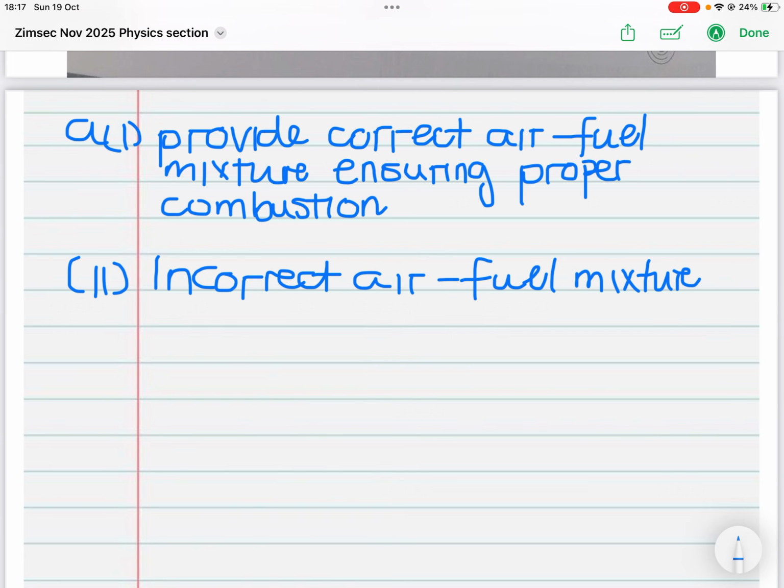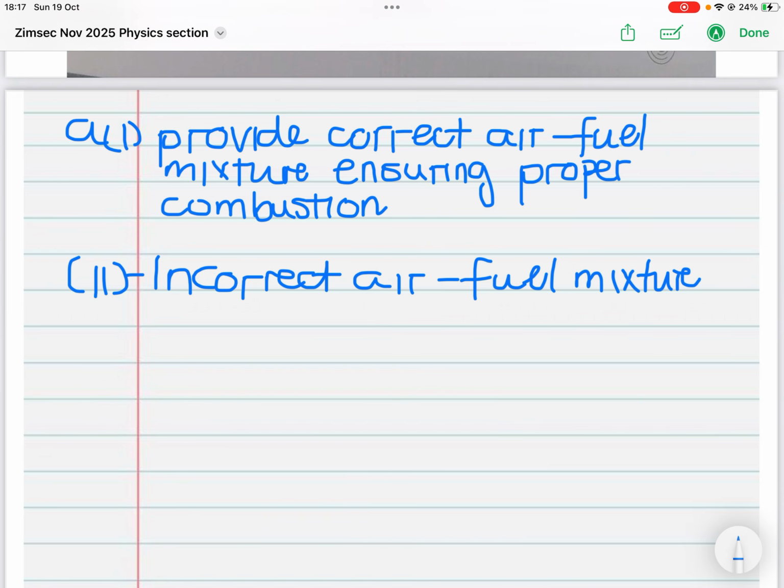So the worn out gauge causes the air to fuel mixture to become either too rich, that is more fuel, or too lean, that is less fuel, leading to poor engine performance, decreased fuel efficiency and increased emissions.